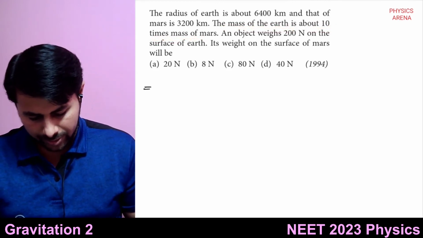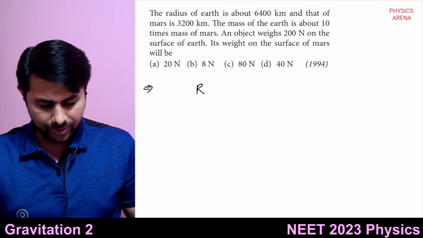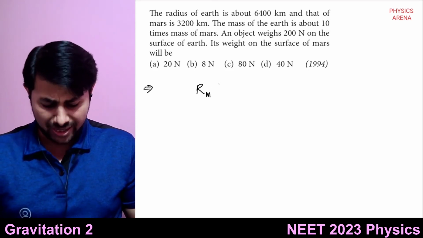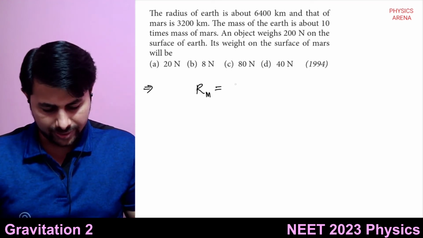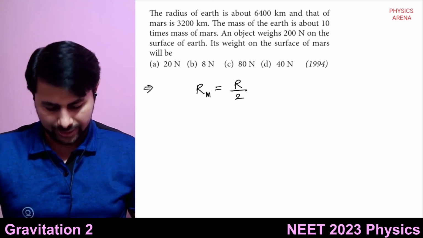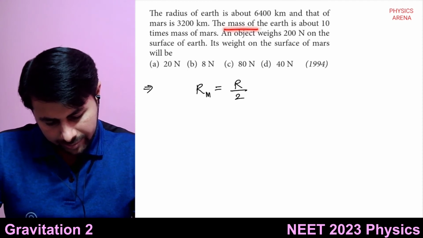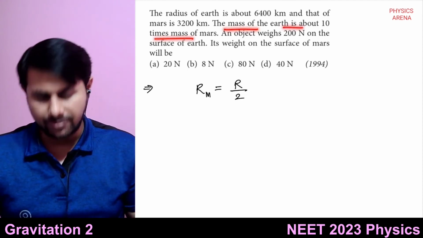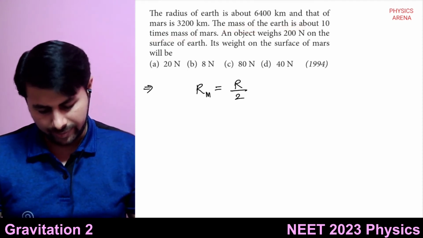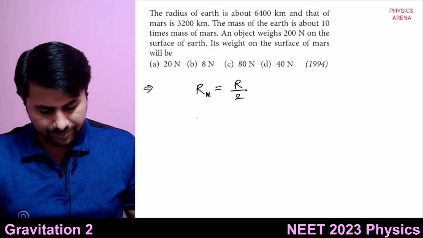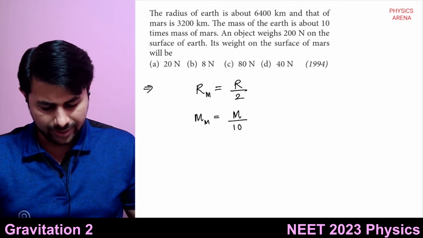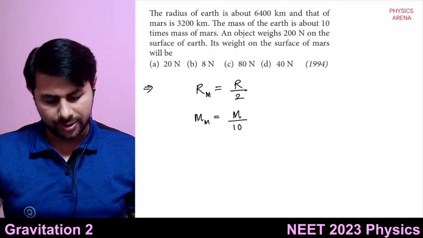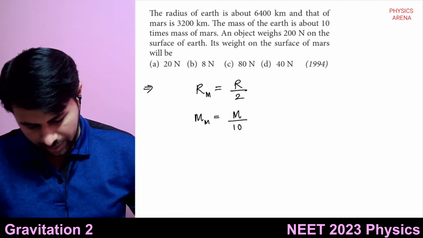So radius of Mars is half of the radius of Earth, r upon 2 we can say, and the mass of Mars is equal to mass of Earth divided by 10, because Earth's mass is 10 times.